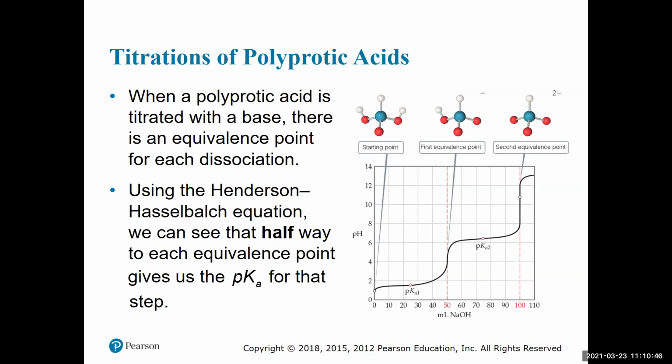This type of titration to get these pKa values is actually pretty good. This is done quite a bit because, to be honest, you're usually not that concerned about what the exact equivalence point is, but pKa values people are always interested in, because pKa values are used to understand the ionization of compounds.